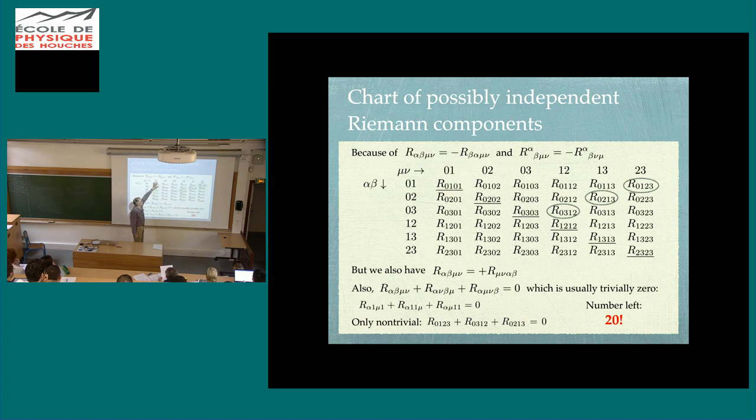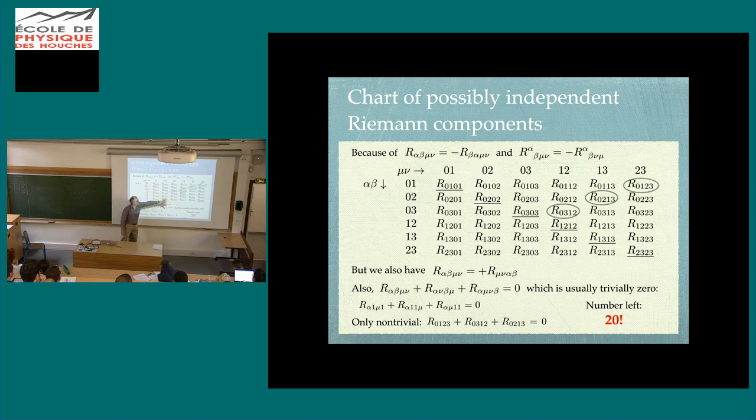So the only truly independent components are going to be choices of the coordinates that are different like that. And I've got 6 choices: 0 1, 0 2, I'm just numbering the coordinates abstractly, 0 3, 1 2, 1 3, 2 3. Those are the only possibilities for non-zero independent. And then similarly for the alpha beta components.